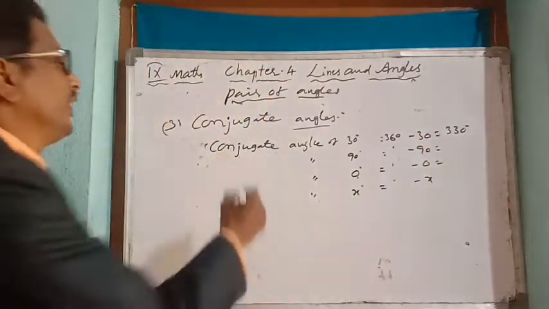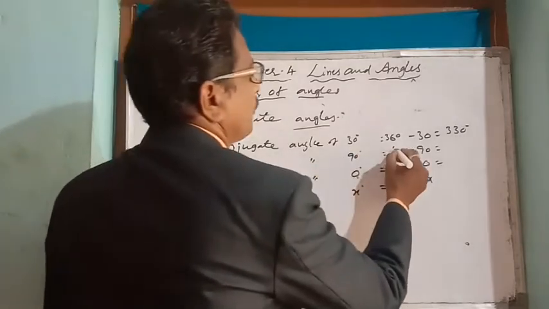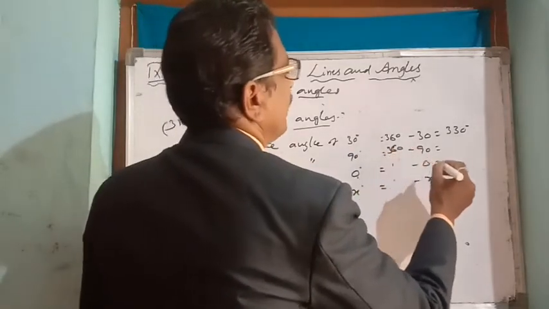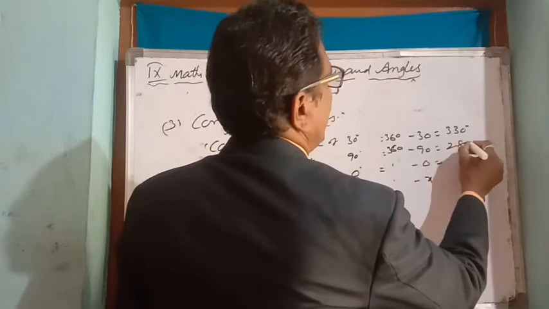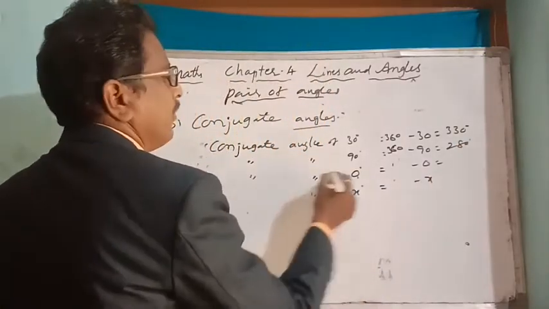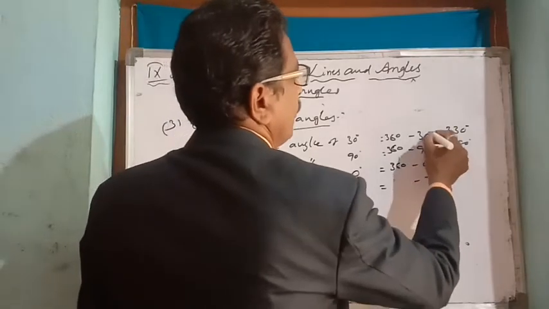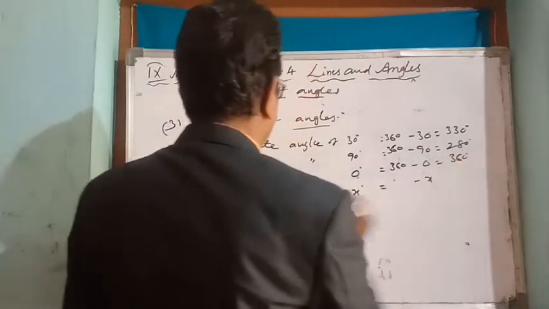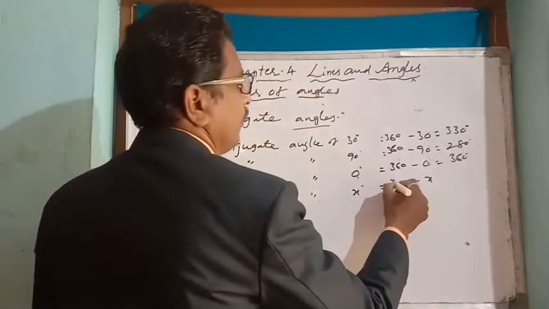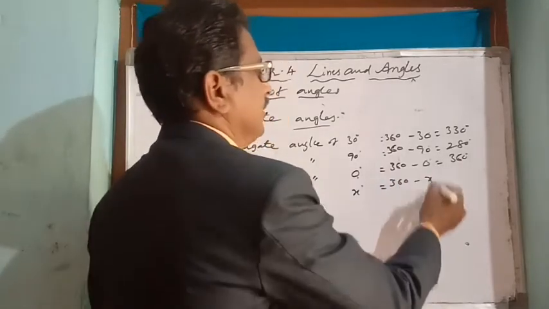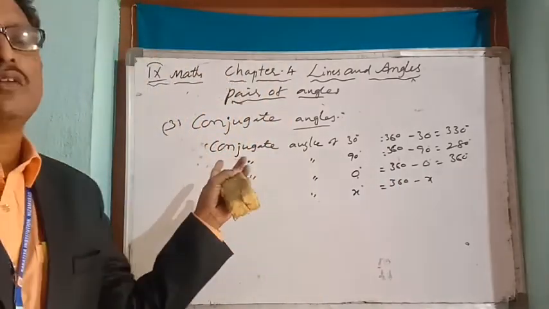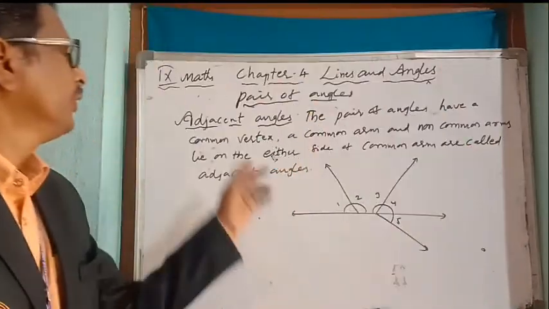The conjugate angle of 90 degrees is 360 minus 90, which equals 270 degrees. The conjugate angle of 0 degrees is 360 minus 0, which equals 360 degrees. And the conjugate angle of x degrees is 360 minus x degrees. This is about conjugate angles in pair of angles.